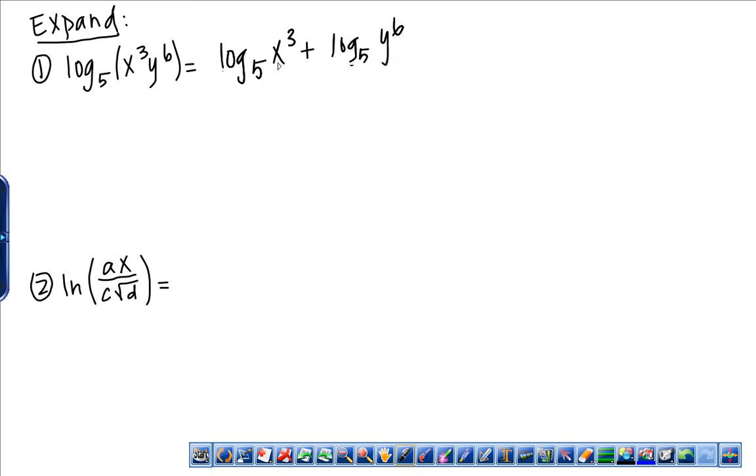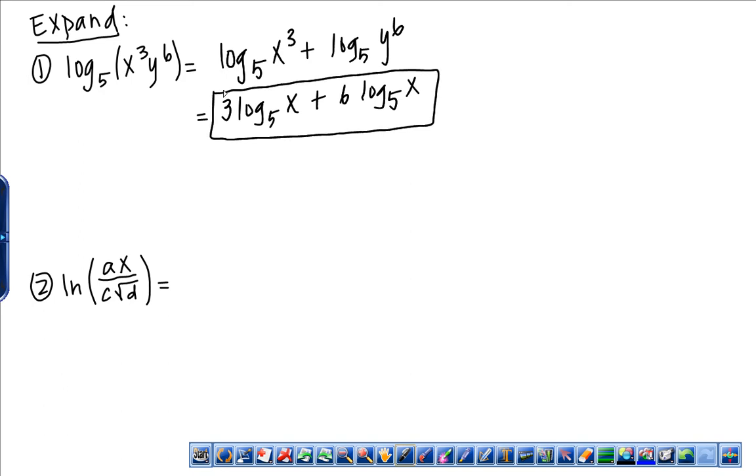Now if you notice I have an exponent, and your exponent rule says to bring that down in front. So this would be 3 log base 5 of x plus 6 log base 5 of y. And that's all that I could do. That would be my answer. And again, this holds true for natural log as well.